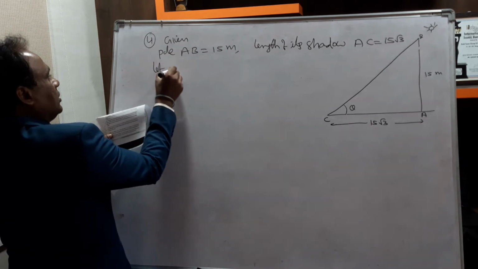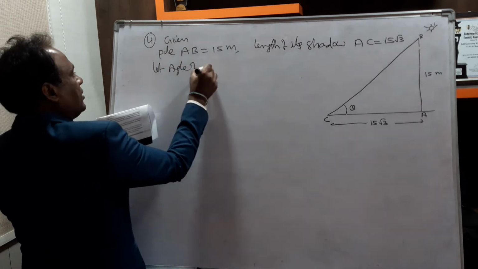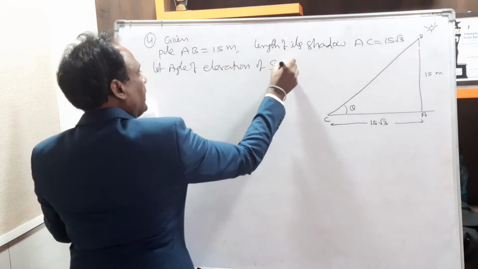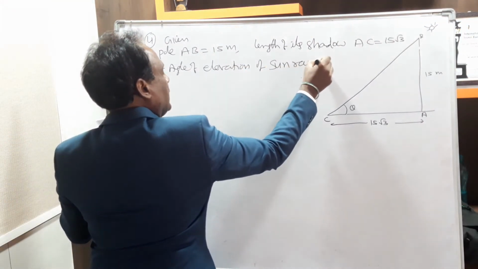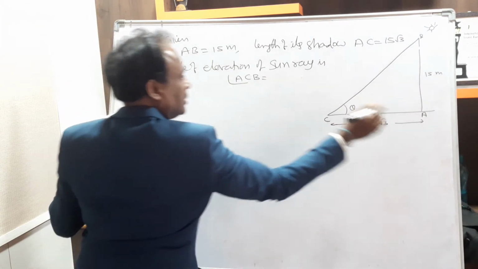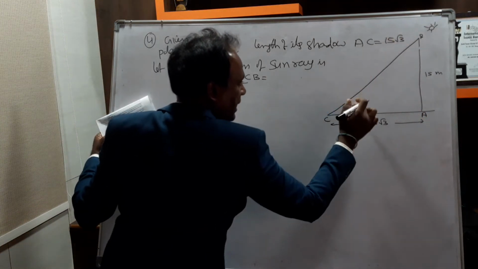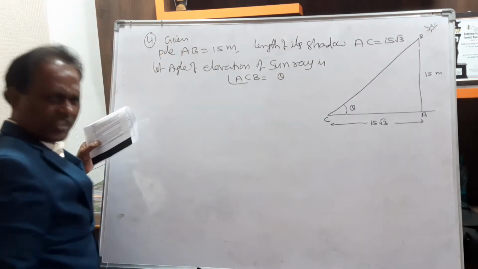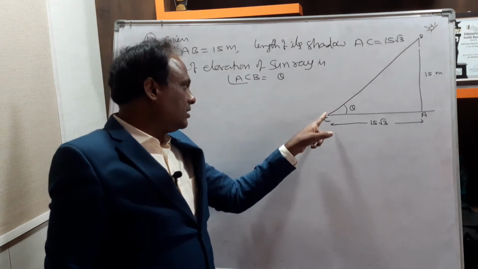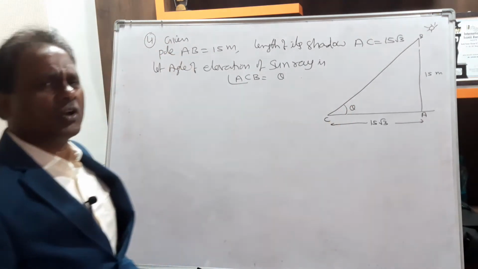Let the angle of elevation of the sun ray be angle ACB as theta. That we have to find. Angle of elevation of the sun ray is theta. So theta we have to find.